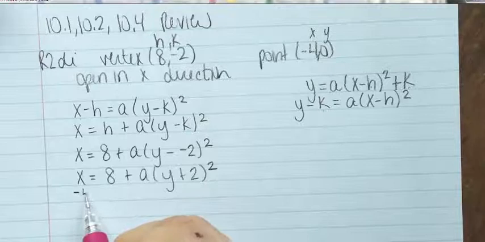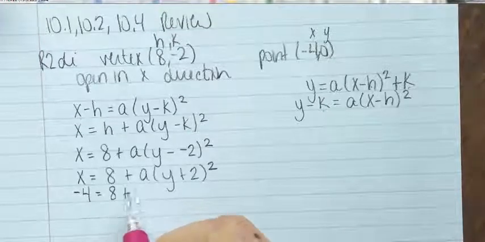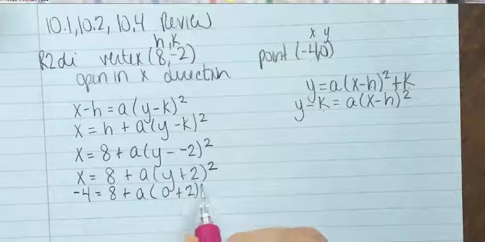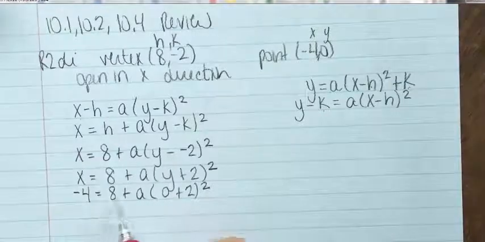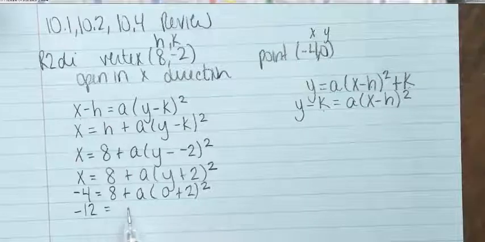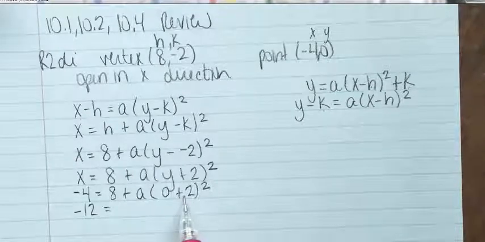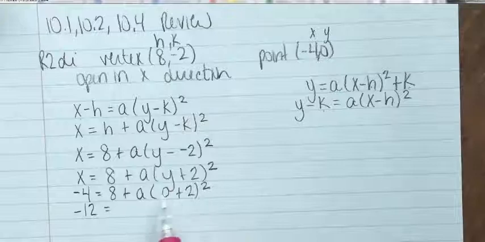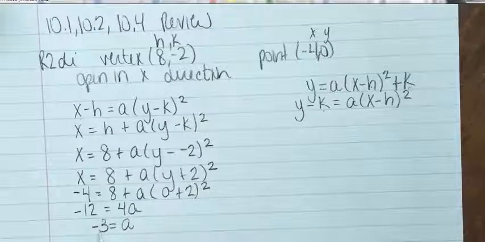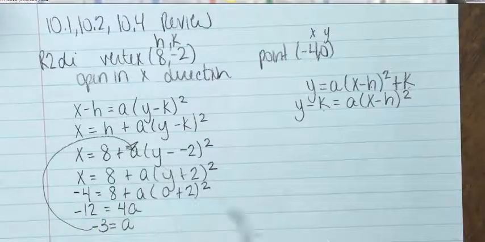So we got -4 equals 8 plus a times (0 plus 2) squared. Okay, subtract the 8 to the other side, I get -12 equals, and then really this is going to give me 4, right? Because this is just 2 squared, so 4a. Or a equals -3. And now I'll just take that a and plug it back into my equation.